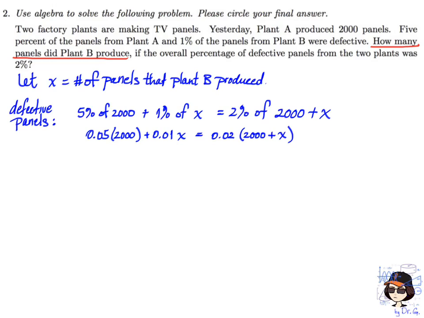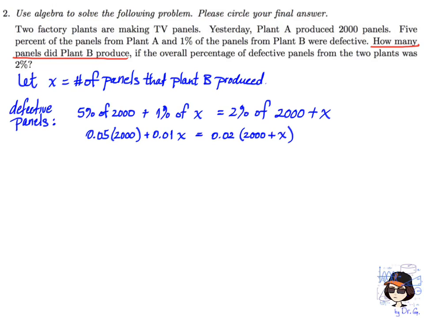It's the same idea with decimals, because a decimal is just a fraction where the denominator is 10 or 100 or 1,000 or some power of 10. So here, we have 0.05, which is 5 over 100. We have 0.01, which is 1 over 100. And we have 0.02, which is 2 over 100. So clearly, our least common denominator is 100.